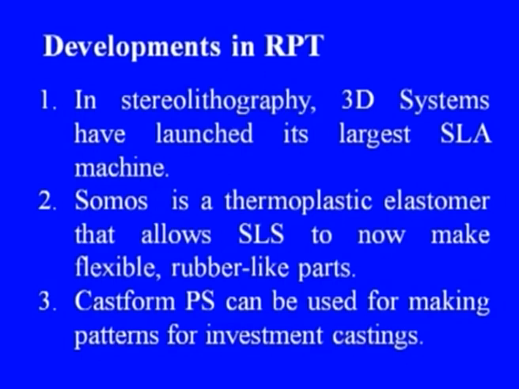So, they have introduced one of the largest SLA machines. SOMOS is a thermoplastic elastomer that allows SLS to now make flexible rubber-like parts. These are some of the advancements in this field. Cast form PS can be used for making patterns for investment castings.